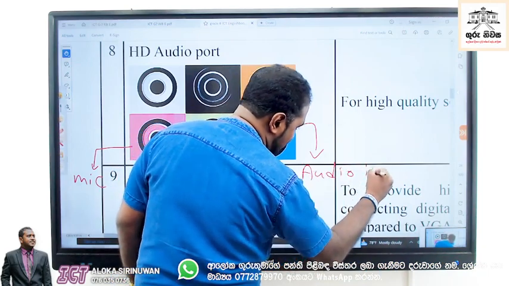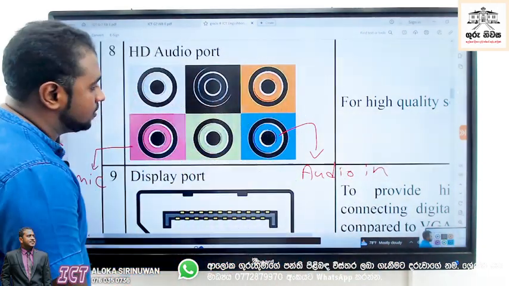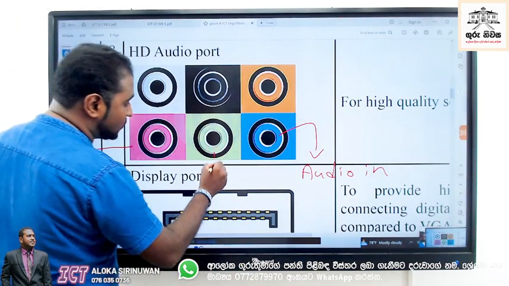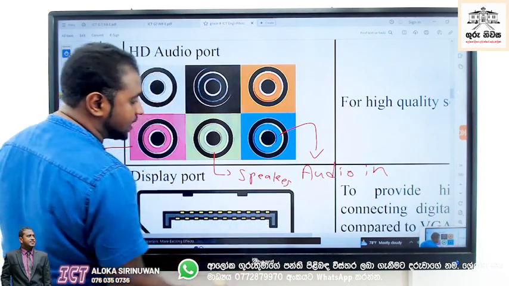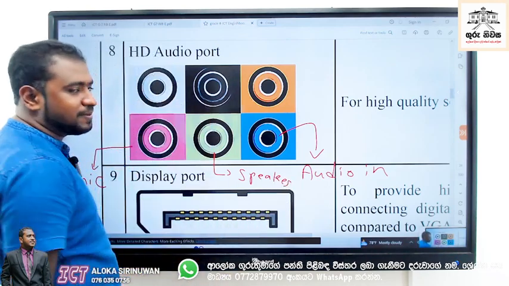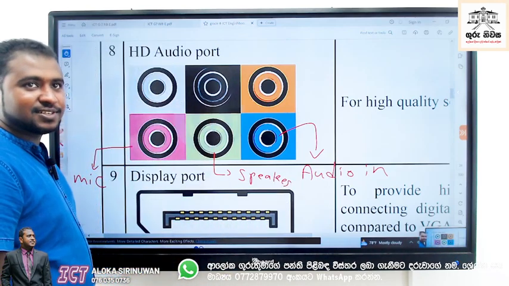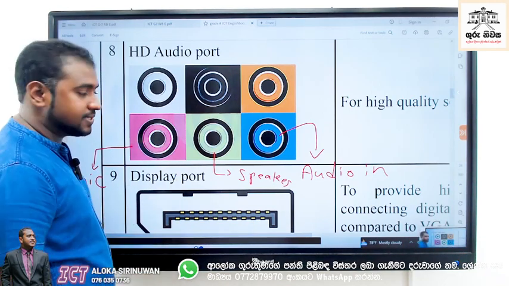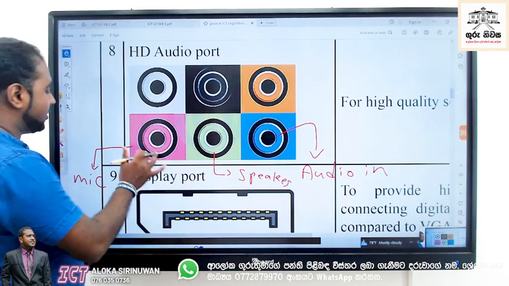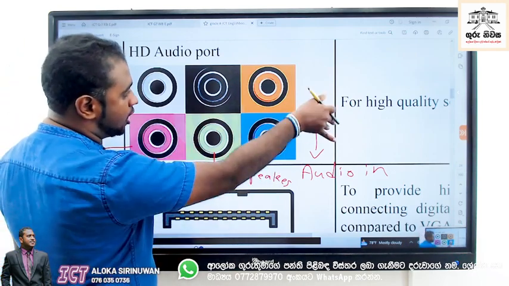And this green one is used to connect your speakers. Those are the color codings: pink, green and blue.